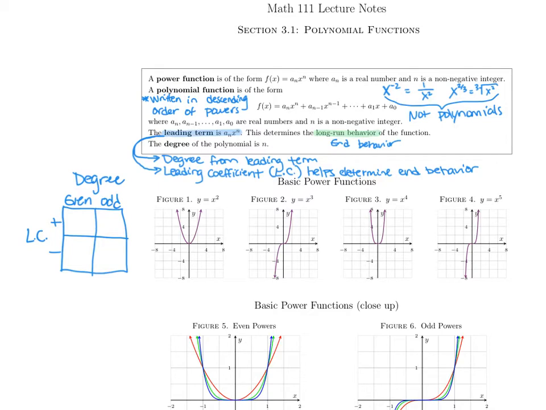So if we take a look at the examples we already have, this is a positive x squared, so that's an even degree. So that means that our arrows, or our ends, are both going to be pointing up.